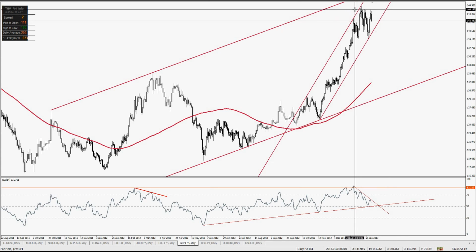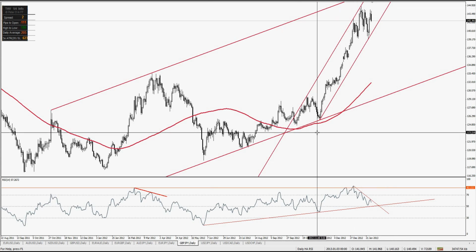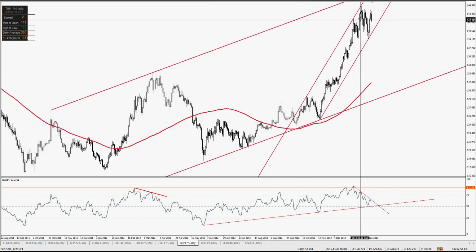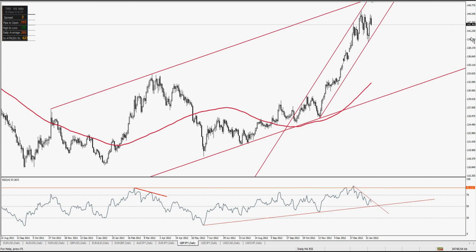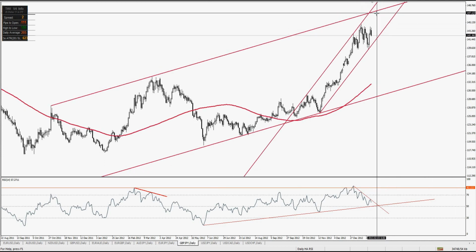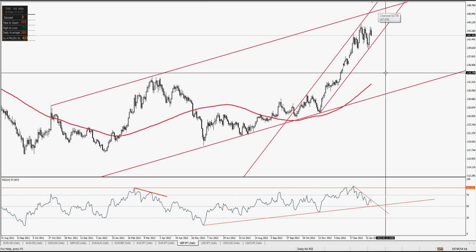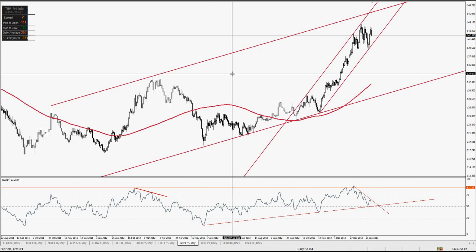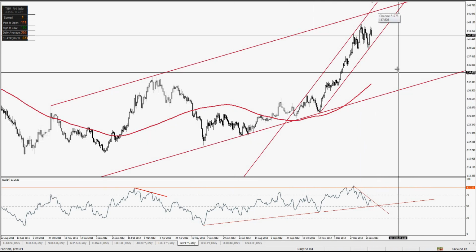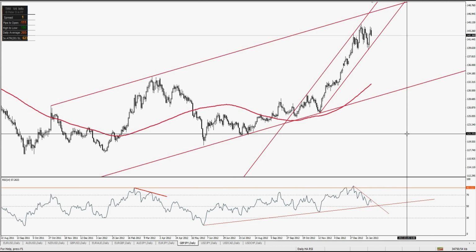Even come close. But I'm still wondering if we have 1, 2, 3, 4, and then a 1, 2, and it still makes a new high, somehow back up to 147, the top of this channel, before it actually falls back down.